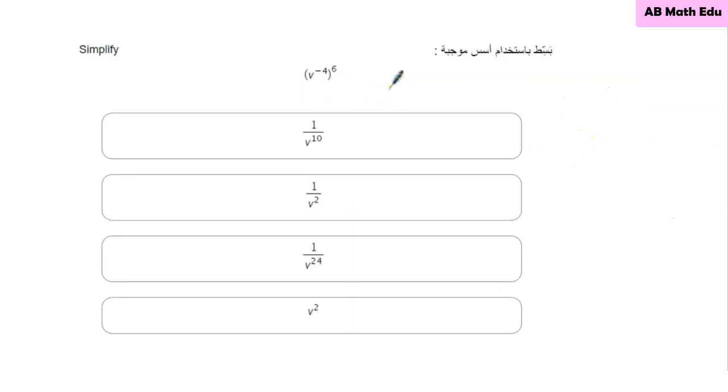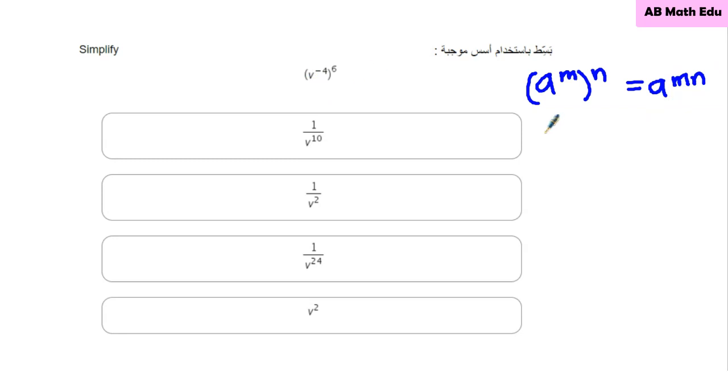So here they want us to simplify. Here is an exponent, so what you have to know is the laws of exponents. If you have a to the power n and it's raised to the power m, you just remove the parentheses and it's just multiplication.